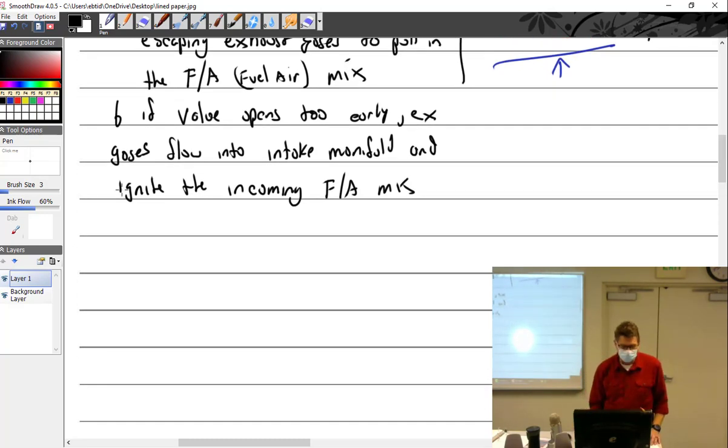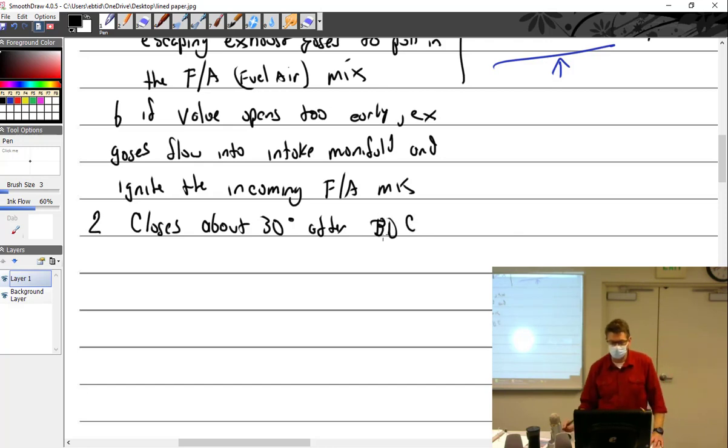What about closing? So it closes, this is the intake, about 30 degrees after bottom dead center.